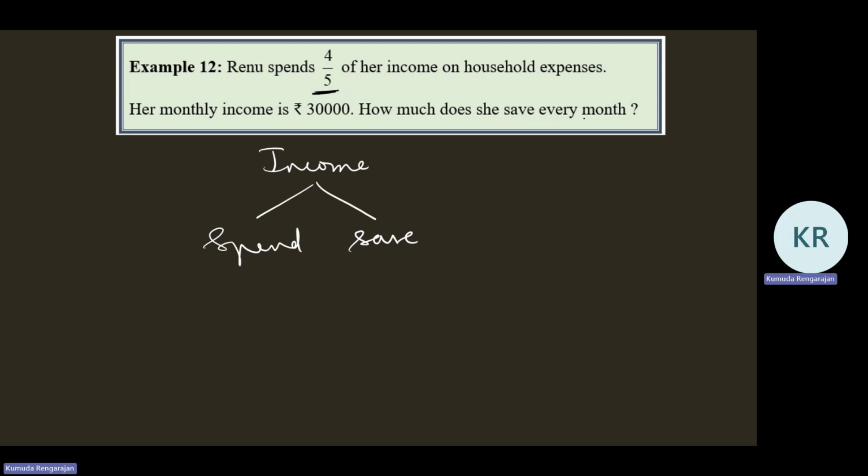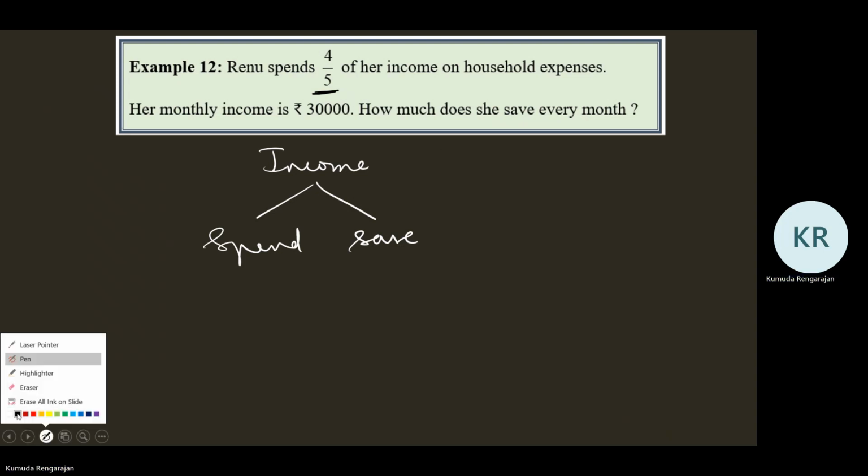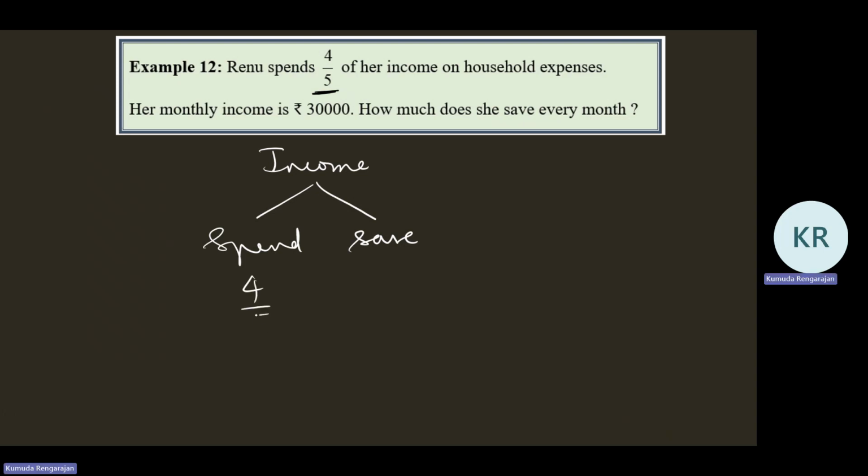How much does she save every month? So how much does she spend? 4 by 5. Then how much is she saving? 1 minus 4 by 5, because the total is 1. And what is 1? 5 by 5, minus 4 by 5, which is 1 by 5. Yes or no? Okay, good.